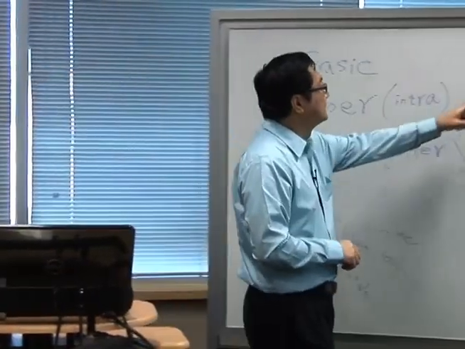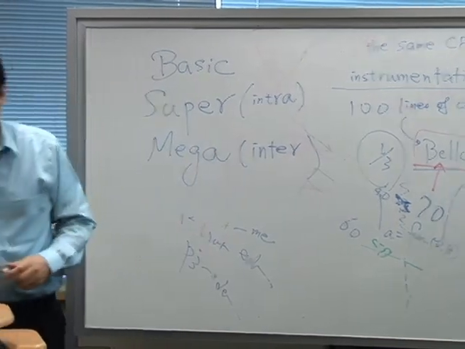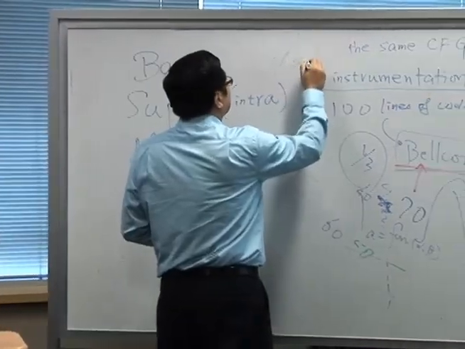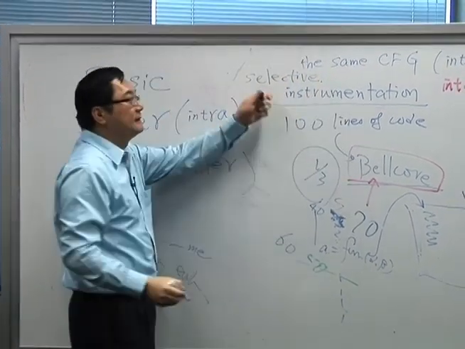If I only care about this part, hey, just measure this part for me. Forget about everything else. Therefore, when you do the instrumentation, you have to be able to do it in a selective way. Selective instrumentation.